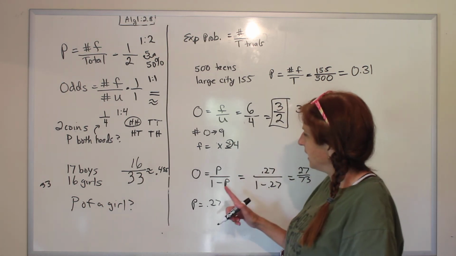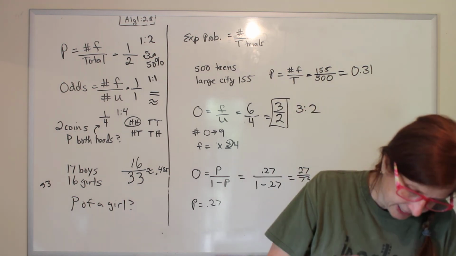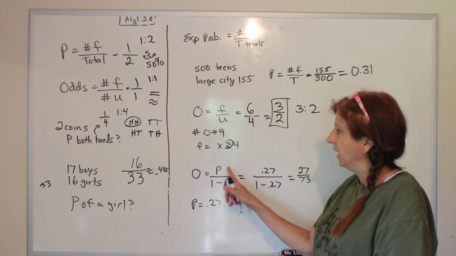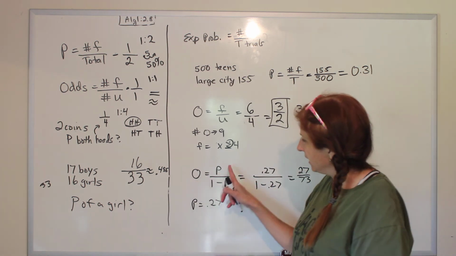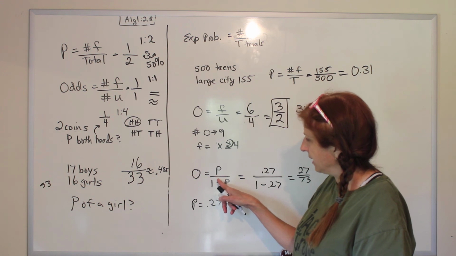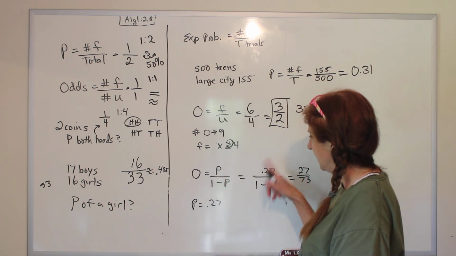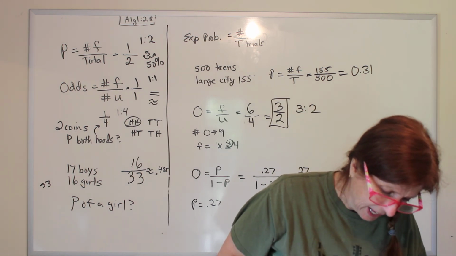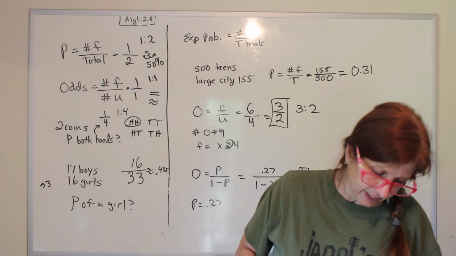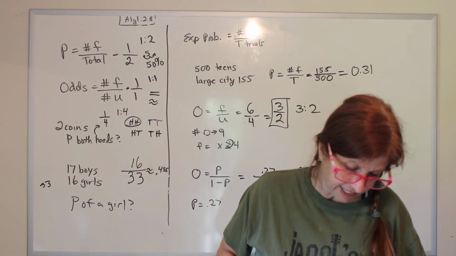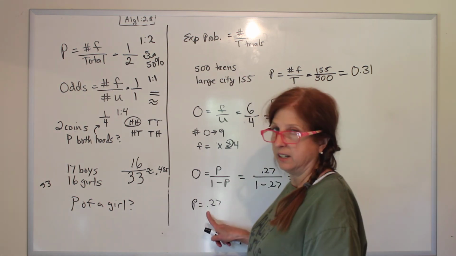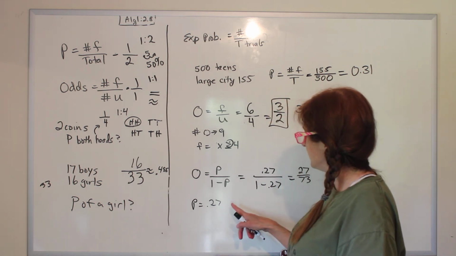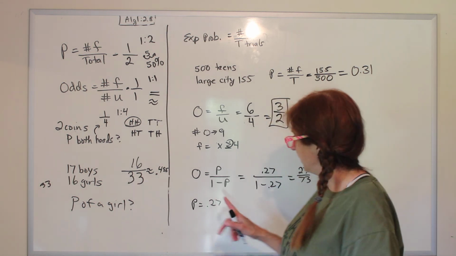All right, so the next one in our book is that if you have probability, you can figure out odds. It's probability divided by 1 minus probability. So they said the probability that a randomly chosen household has a cat is 0.27. So almost a third of all people have a cat. And then they asked, what are the odds of having a cat?